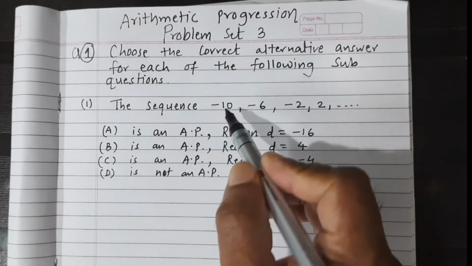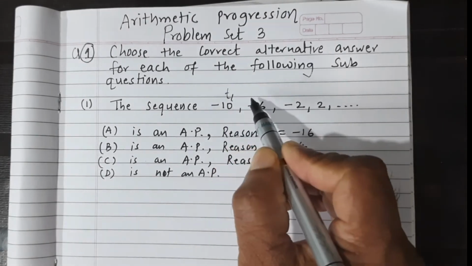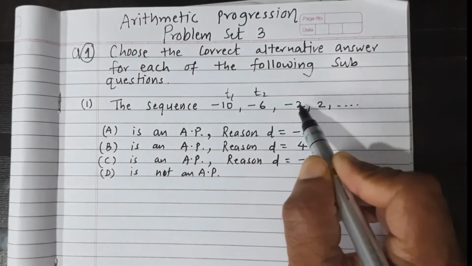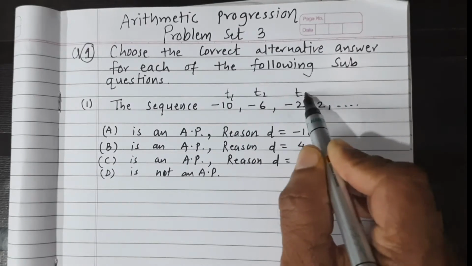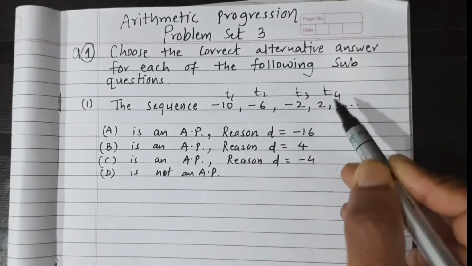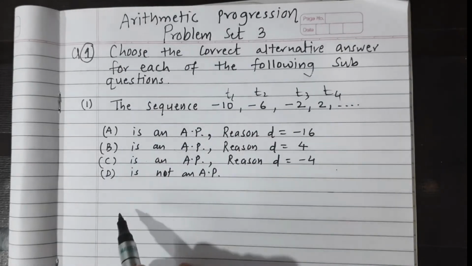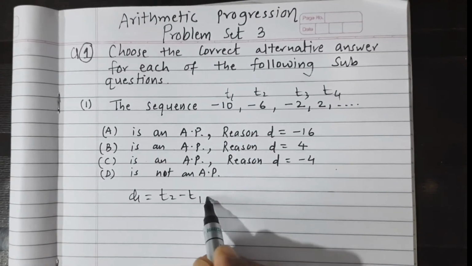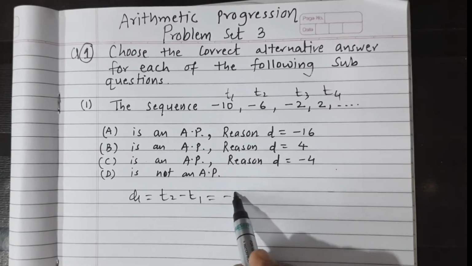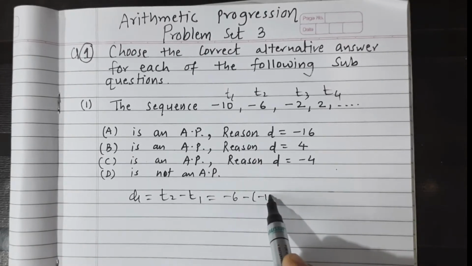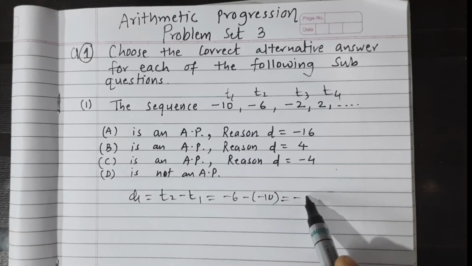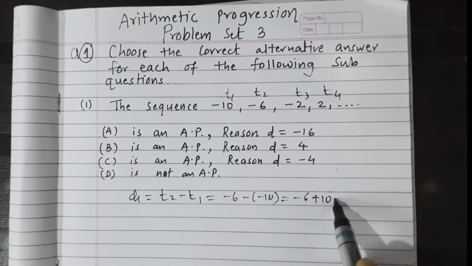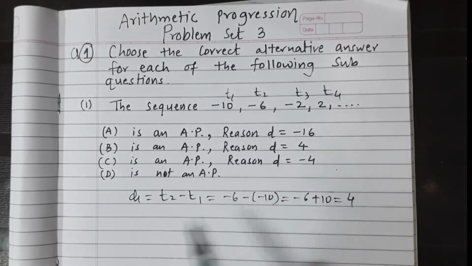So here in this sequence, the first term T1 is -10, T2 is -6, T3 is -2, T4 is equal to 2. So common difference D1, that is T2 minus T1, which is equal to -6 minus -10, which is equal to -6 plus 10, that is 4.